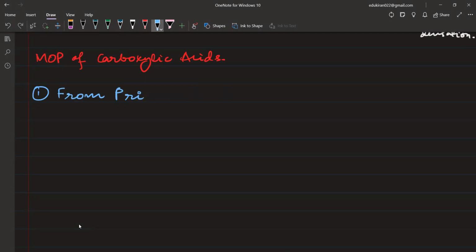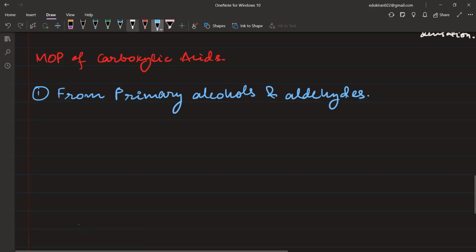In both, what do we do? We are going to oxidize it. Both primary alcohols and aldehydes get oxidized to carboxylic acid in the presence of a common oxidizing agent. Please write.